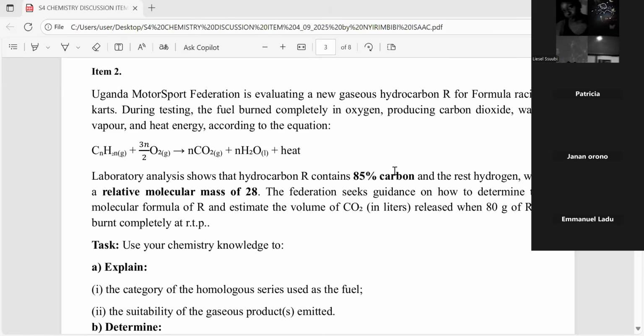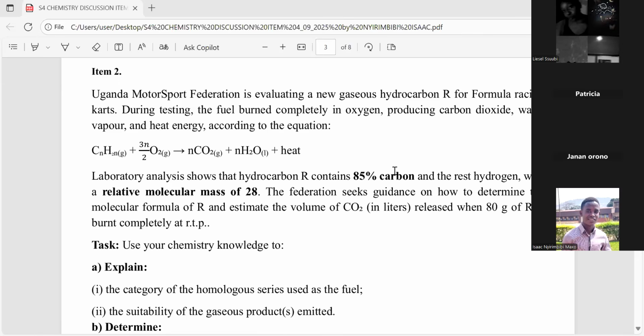Uganda Motorsport Federation is evaluating a new gaseous hydrocarbon R for formula racing cars. During testing, the fuel burned completely in oxygen, producing carbon dioxide, water vapor, and heat energy, according to the equation. As seen, laboratory analysis shows that hydrocarbon R contains 85% carbon and the rest hydrogen, with a relative molecular mass of 28.